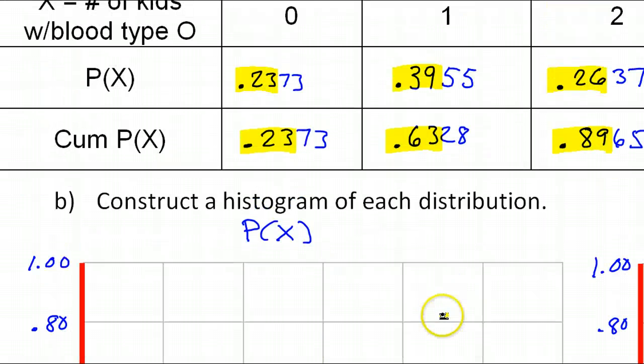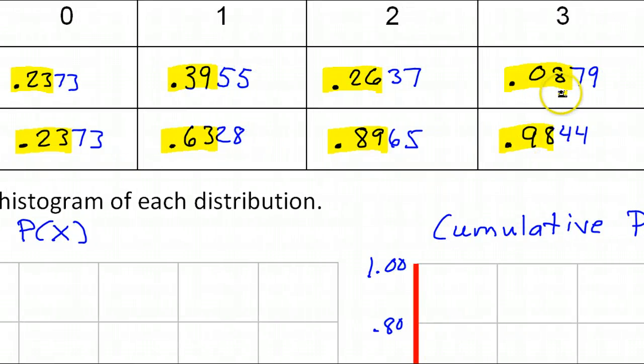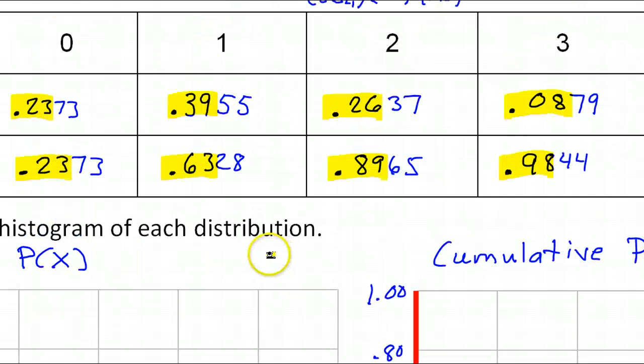Alright, next is number 3. Number 3 is 0.08. Okay, that's pretty low. This is 0.20, so this is like 0.10. Alright, so 0.08 is going to be like down here. Remember, this is 0.10 right here in the middle. What's next?